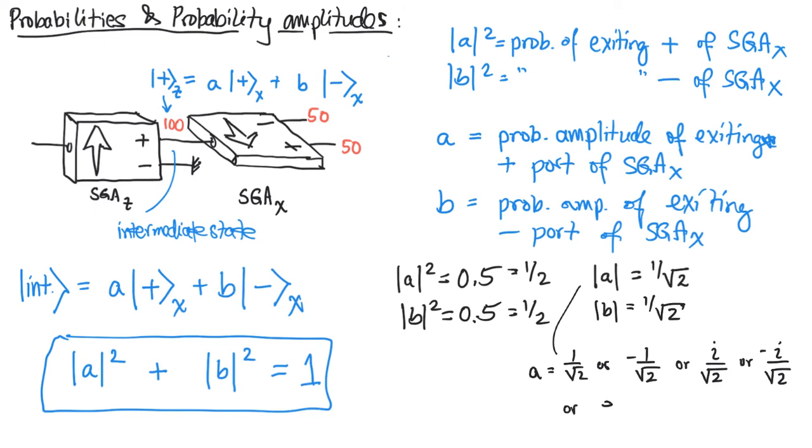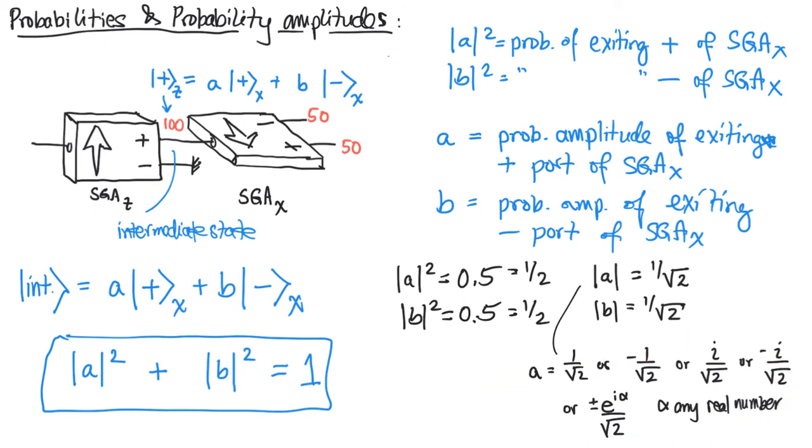It could also be e to the i alpha over root 2, where alpha is any real number. Or it could be minus that quantity. So there's actually an infinite number of values that you could assign to A that would give you the correct probabilities. So if you only knew the probability was 50%, then any one of these would work for you.